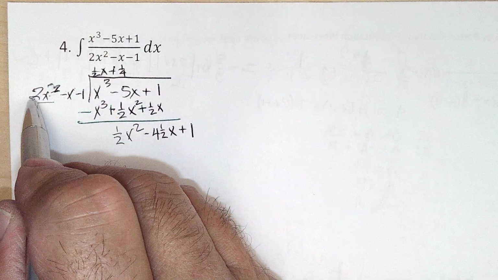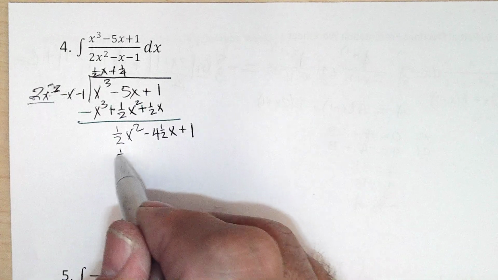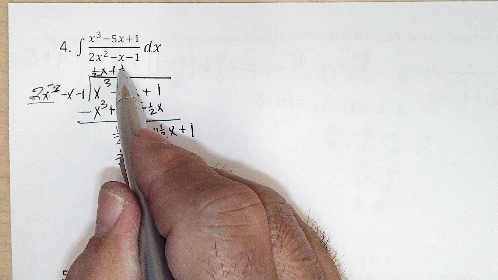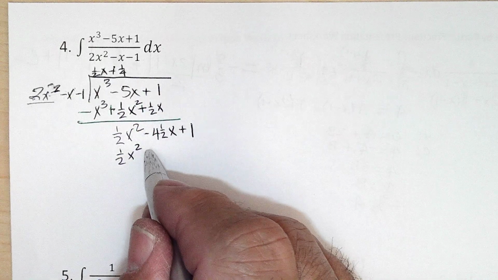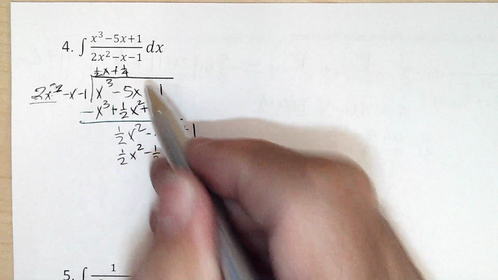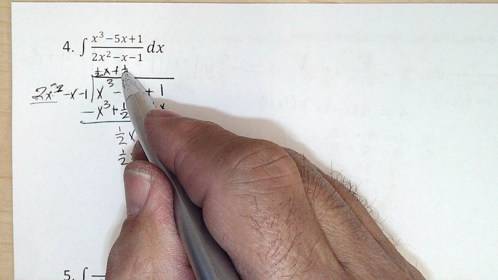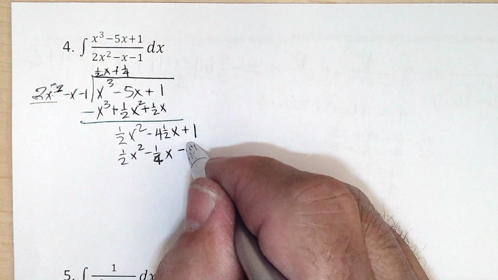So 1/4 times 2 is 1/2 x squared. 1/4 times -1 is -1/4 x, and 1/4 times -1 is -1/4.